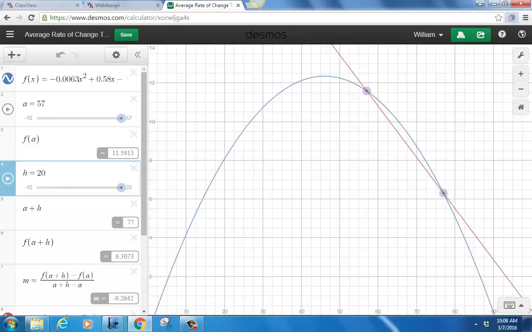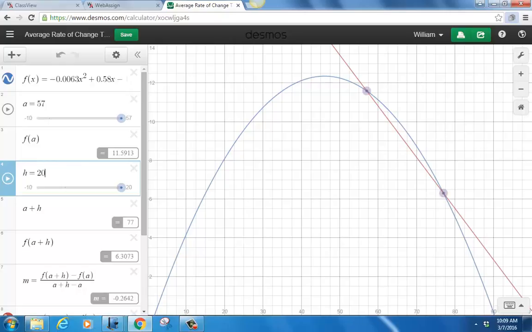The first increment in that table was 20, and so when you take A plus the 20, that brings you to 77. So that's where we're going to draw the secant line to. This is 57, and this is 77. So that's where we're drawing our first secant line, and there's F of 77.